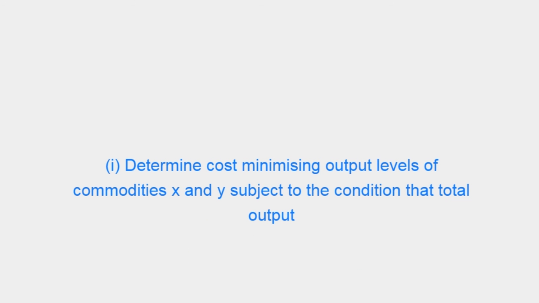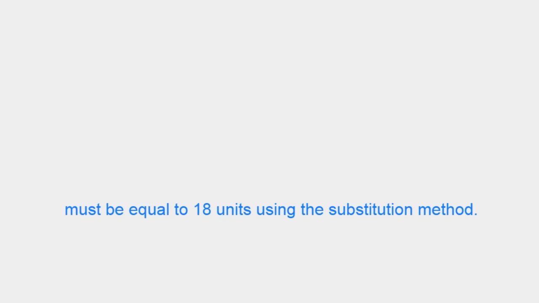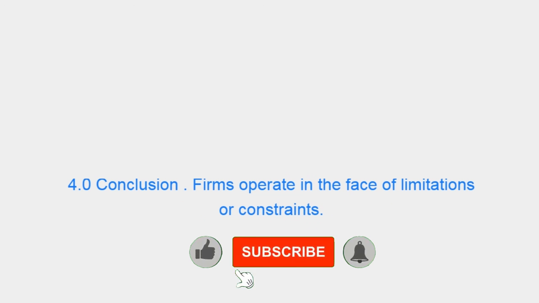Determine the cost minimizing output levels of commodities X and Y subject to the condition that total output must be equal to 18 units using the substitution method. Use the Lagrange multiplier to verify the answer you have found in part one above. Calculate the minimum total cost.